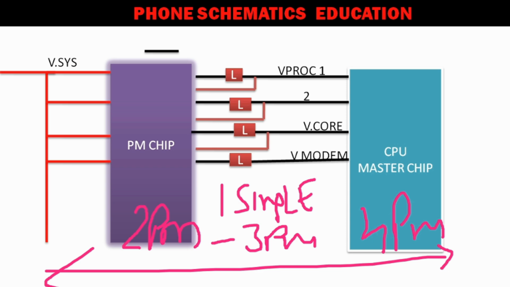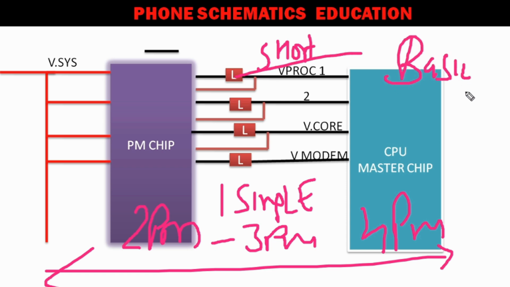I say to you, do not apply any kind of short killer on these lines. First, make your basic knowledge about circuits strong, and only then apply any kind of voltage to any line, when you know why and how this line works.